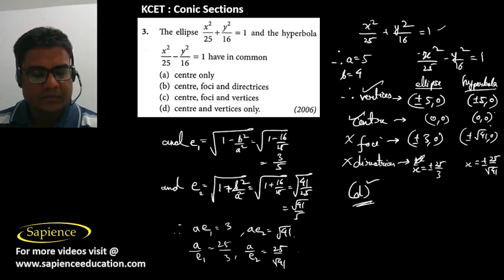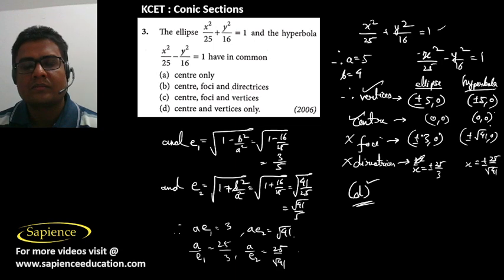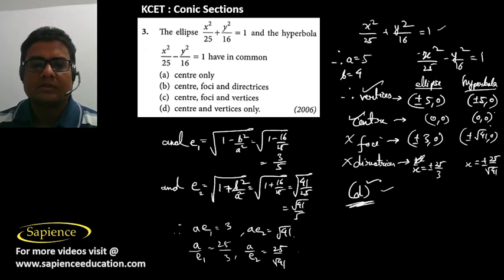Sorry, the foci are a into e, where e is the square root of 1 plus b square by a square. So option D is the correct answer.